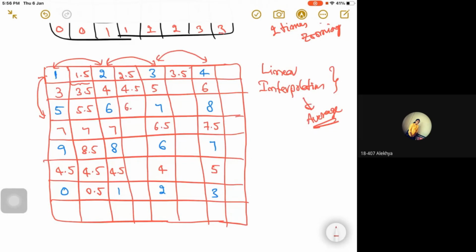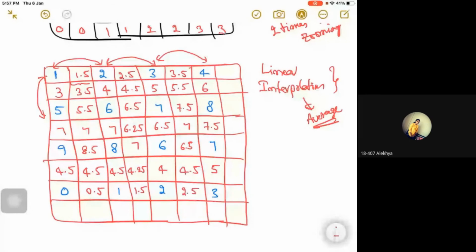I am taking the average of the previous row and previous column. 7, 4.25, then 1.5, then between 5 and 6, 5.5, 7.5, 7, 6.5, 4.5, between 2 and 3, 5 by 2, it is 2.5.